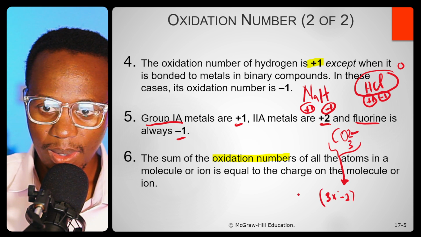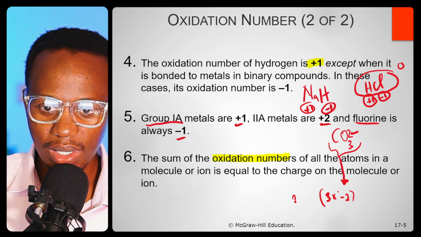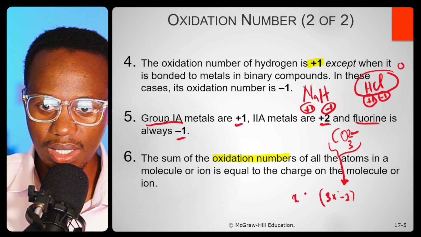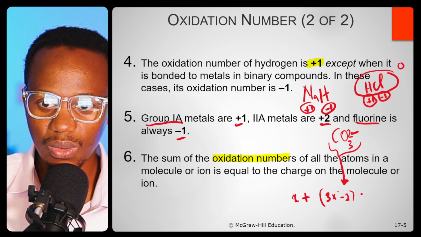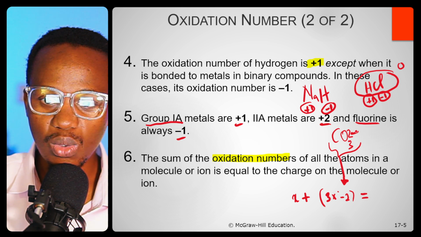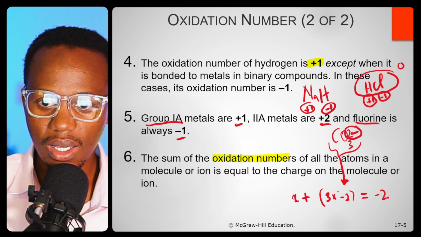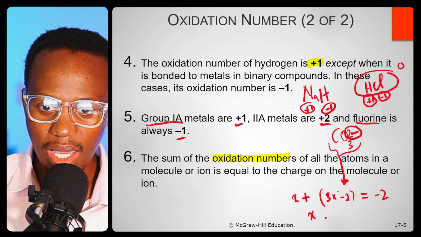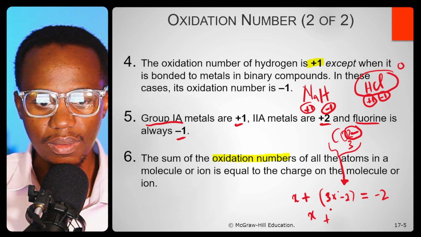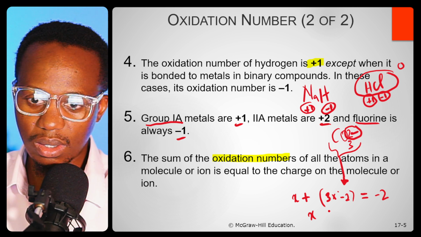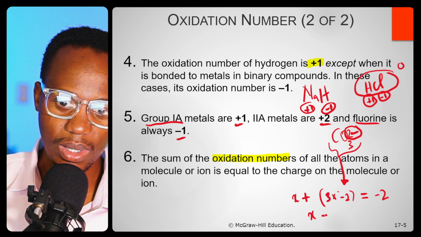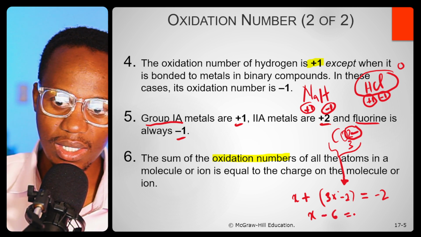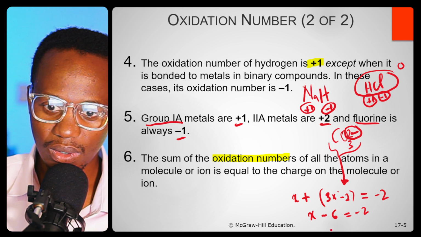Carbon is just 1, so let's say it's X. X plus 3 times -2 is equal to the charge of this whole group, which is -2. 3 times -2 is -6, so X minus 6 is equal to -2.